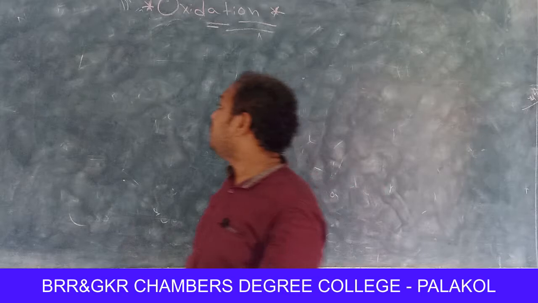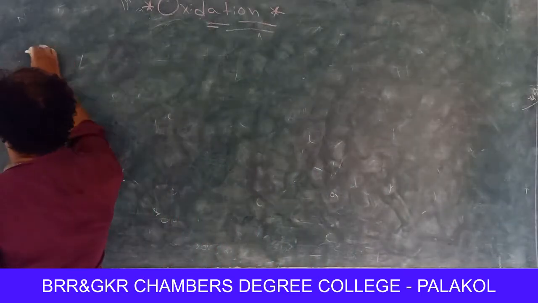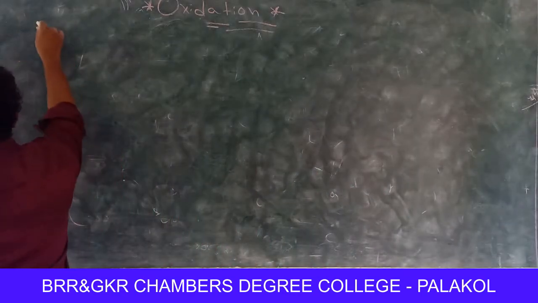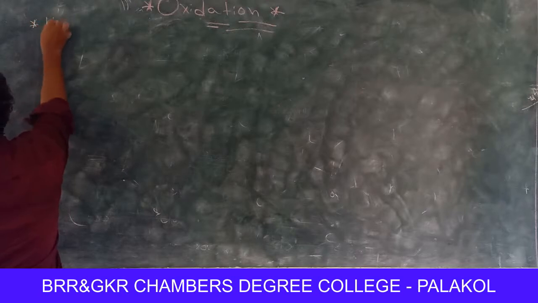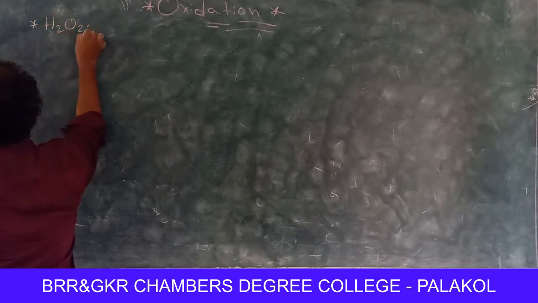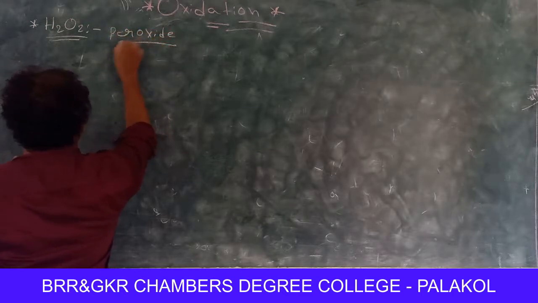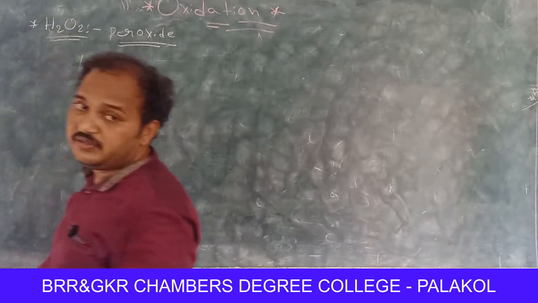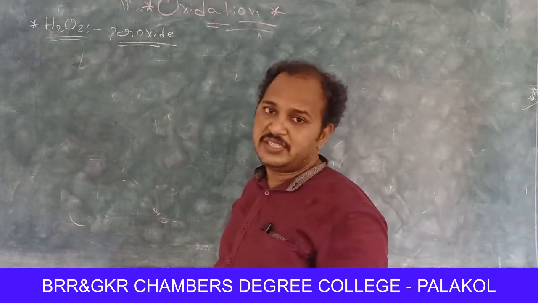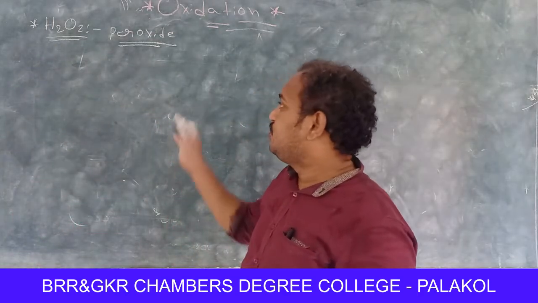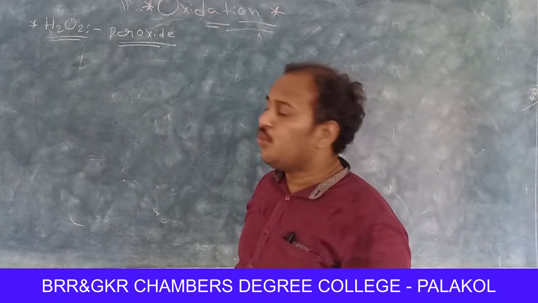But there are some more reagents present here, and here it is hydrogen peroxide. This is peroxide. Remember, don't get confused: peroxide and peracid are different. In peracid we have 3 oxygen atoms, while in peroxide we have only 2 oxygen atoms.